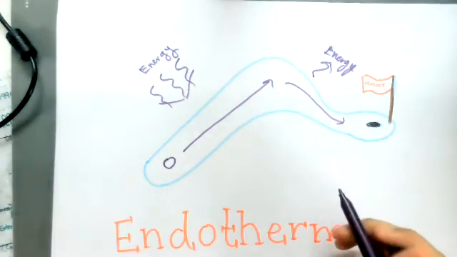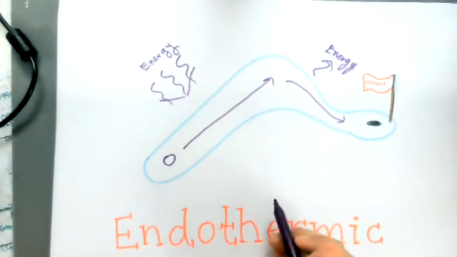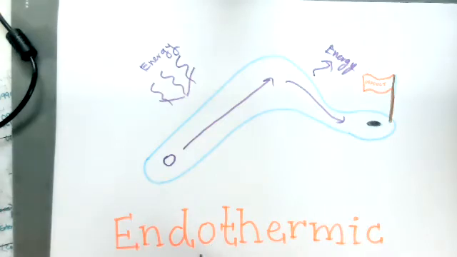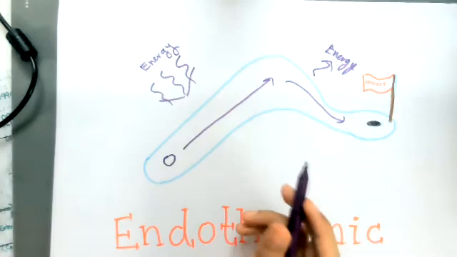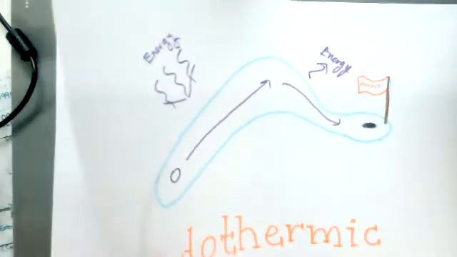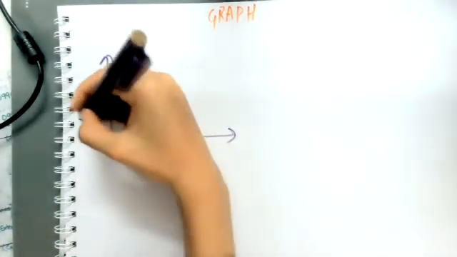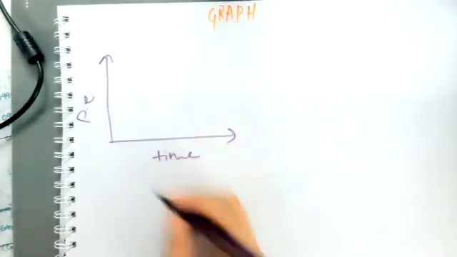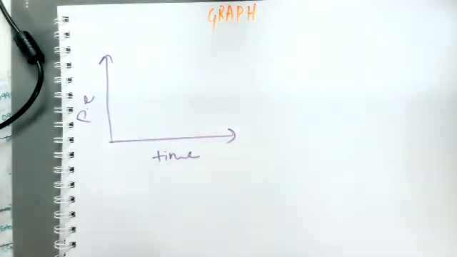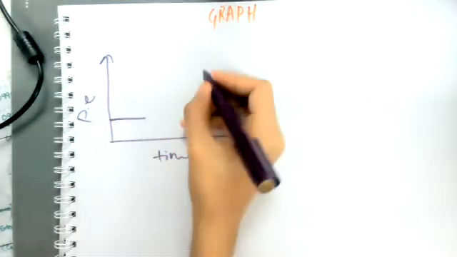First of all, I want you to get clear on the term: endothermic means more energy in, less energy out. Now I'm going to graph this just like we did for the exothermic reaction. This is time, this is potential energy, and then we have our reactants over here.